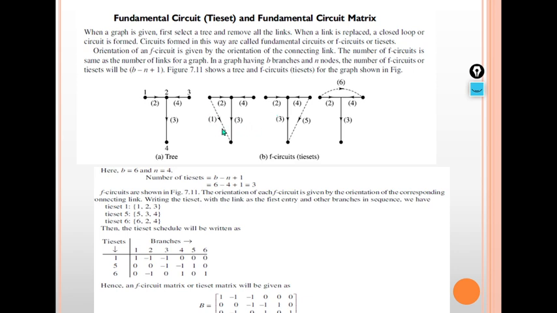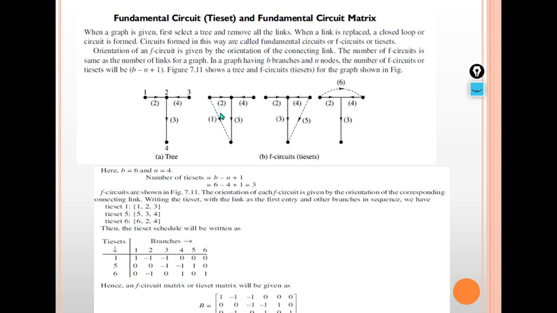Now for the first tie set, what loop direction will you take? The loop direction will be the same as the direction of your link. So you will take the link, and the direction of this link is towards node 4, from node 1 to node 4, for this branch.